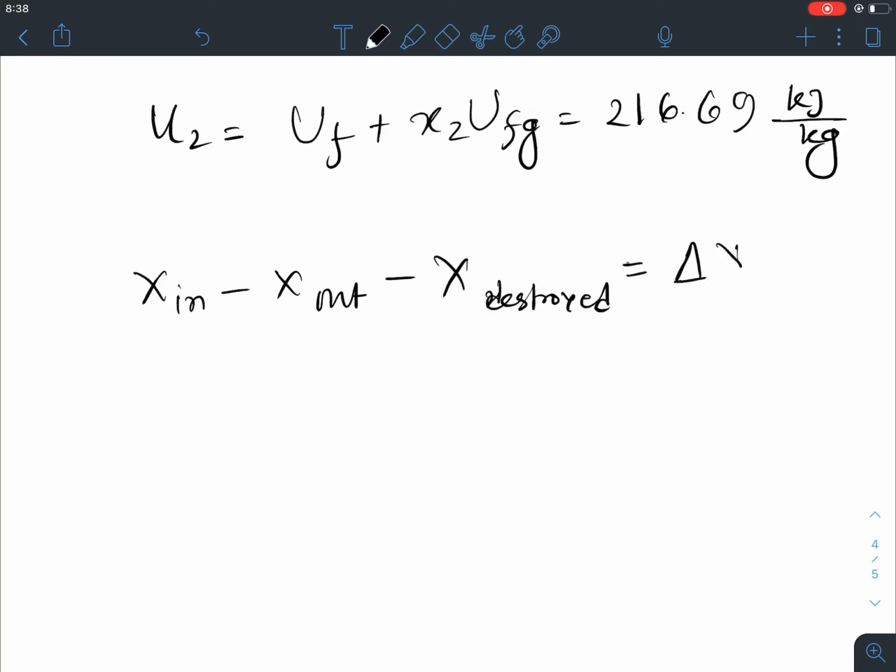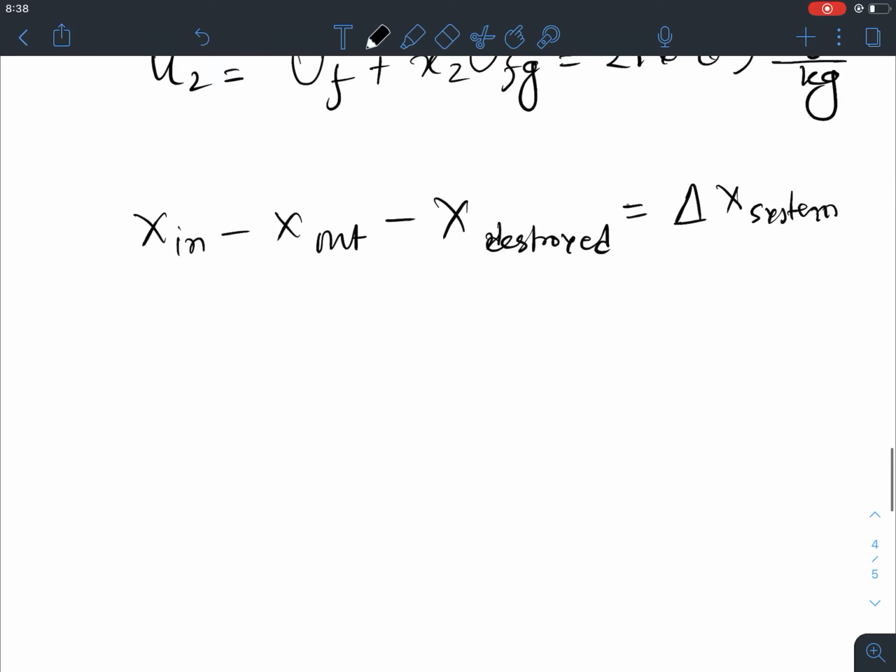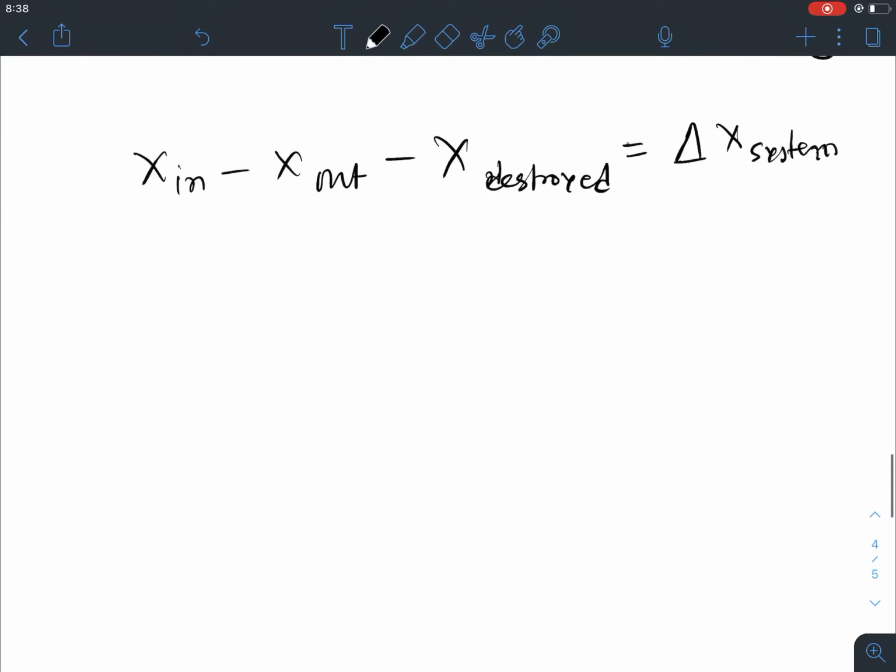Exergy destroyed equals the exergy change of that system. So this is the exergy balance, right?